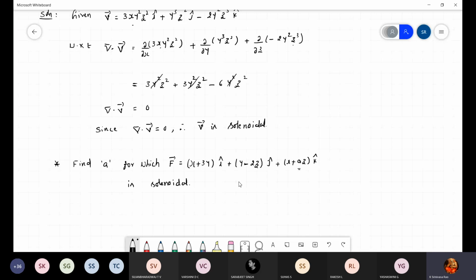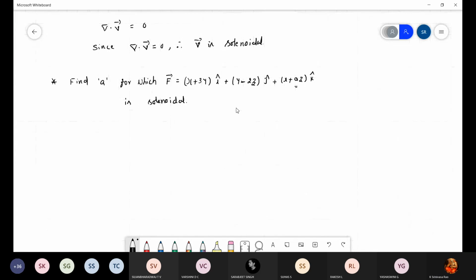Yes, take down. Solution. Given F equals (x plus 3y) i cap plus (y minus 2z) j cap plus (x plus az) k cap.